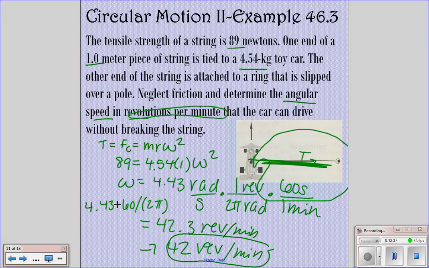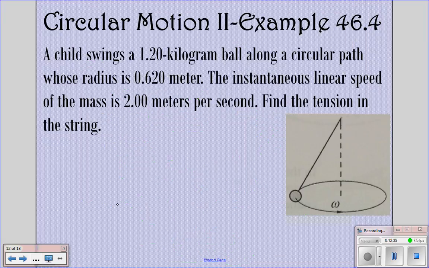Okay? So looking at one more example, we have a child that swings a 1.2 kilogram ball along a circular path with a radius of 0.62 meters. The instantaneous linear speed of the mass is 2 meters per second. Find the tension in the string. So on this, our tension is going this direction towards the center, and then our mass times the gravity, the weight of the ball, is coming down.